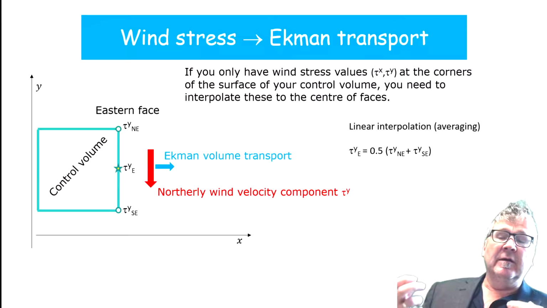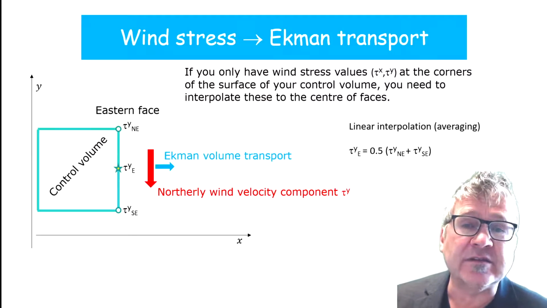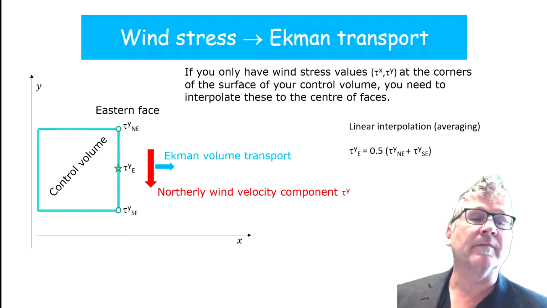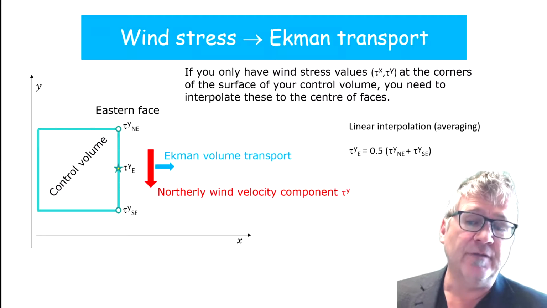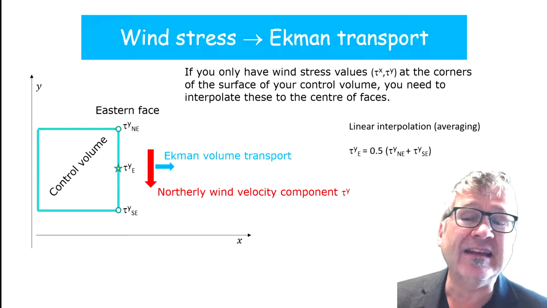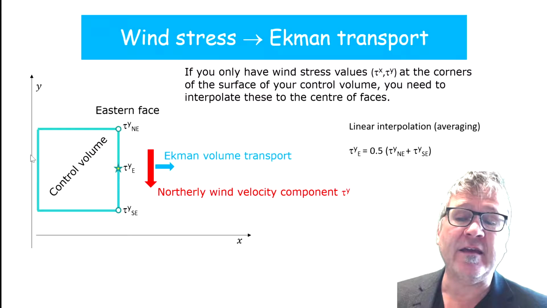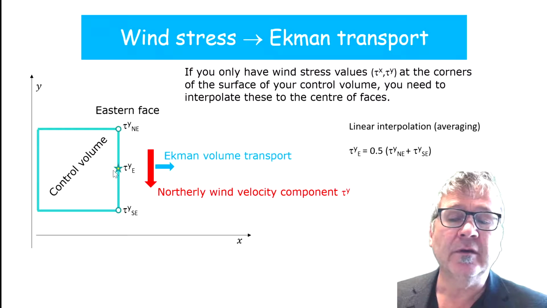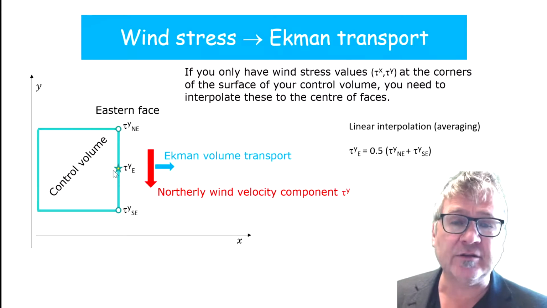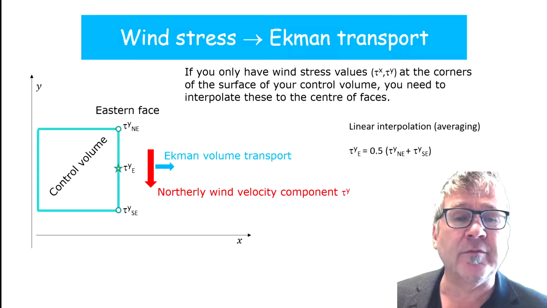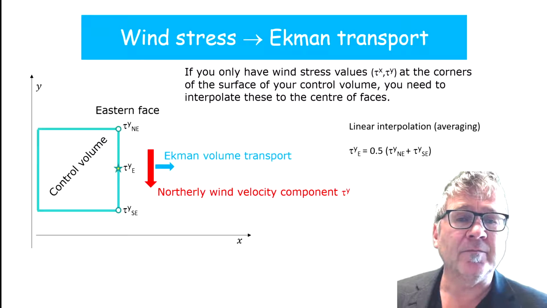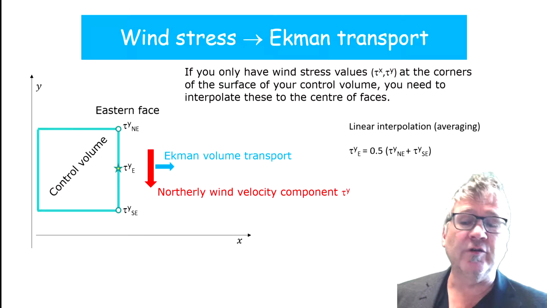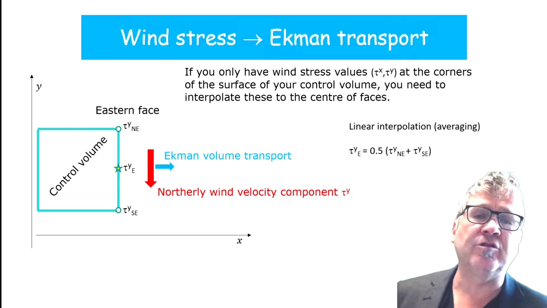Because you only have the values at the corners, you need to interpolate the value into the middle of your face. It's shown here by this star. This is an interpolation, and essentially it's just averaging, because you take both values, the northeastern and southeastern, and you determine the average.